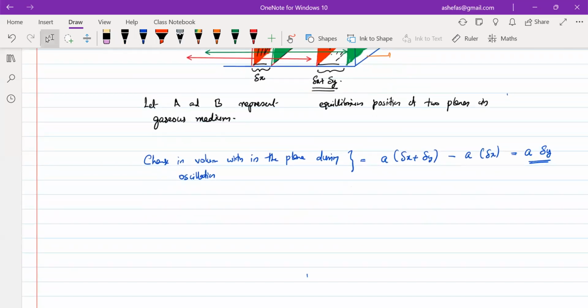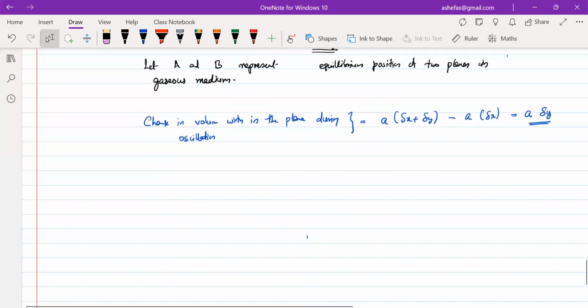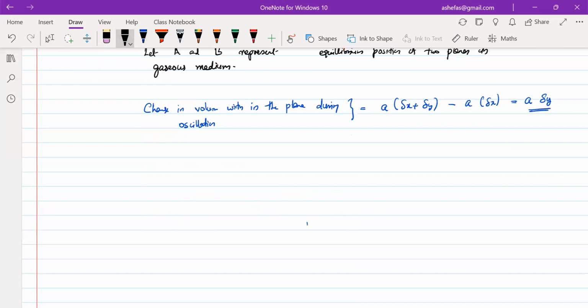Okay, since we have found the change in volume, it is very easy to find the volume strain. By definition, the volume strain is the change in volume divided by original volume.